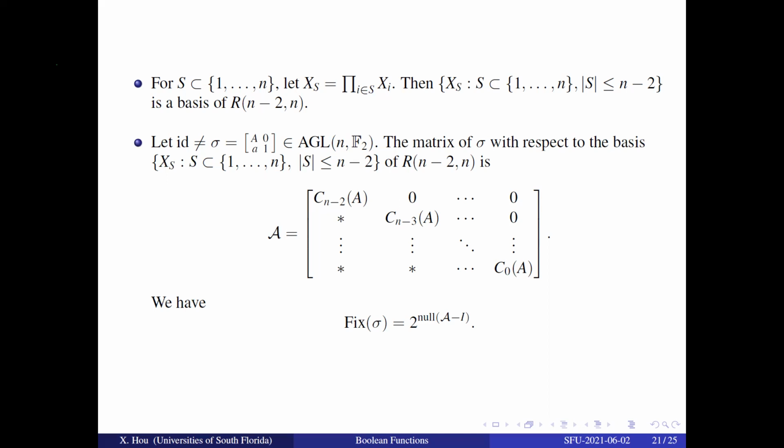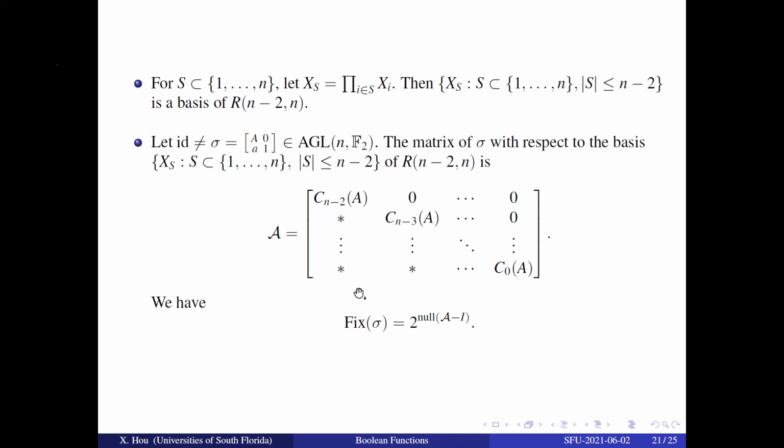You can say that the matrix of this sigma with respect to this basis is a lower triangular block matrix, where the diagonal blocks are compound matrices of order n-2, n-3, all the way to 0.